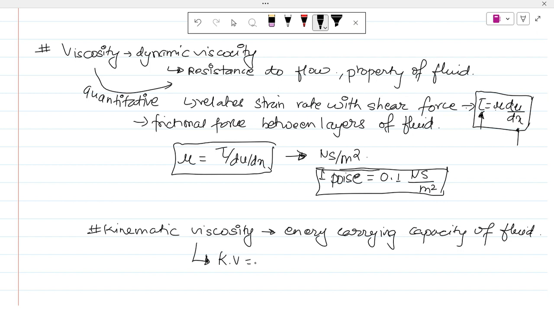Kinematic viscosity is dynamic viscosity upon density. The unit of kinematic viscosity is one stokes, which is centimeter square per second. So this is how viscosity is calculated and measured.